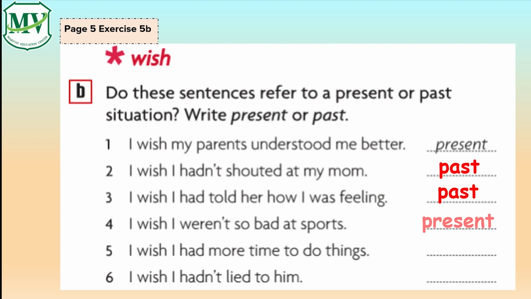That's right, it's present. I wish I weren't so bad at sports. Number 5, present or past? Correct, it's present. I wish I had more time to do things. And number 6, I wish I hadn't lied to him. Present or past? Very good, past.